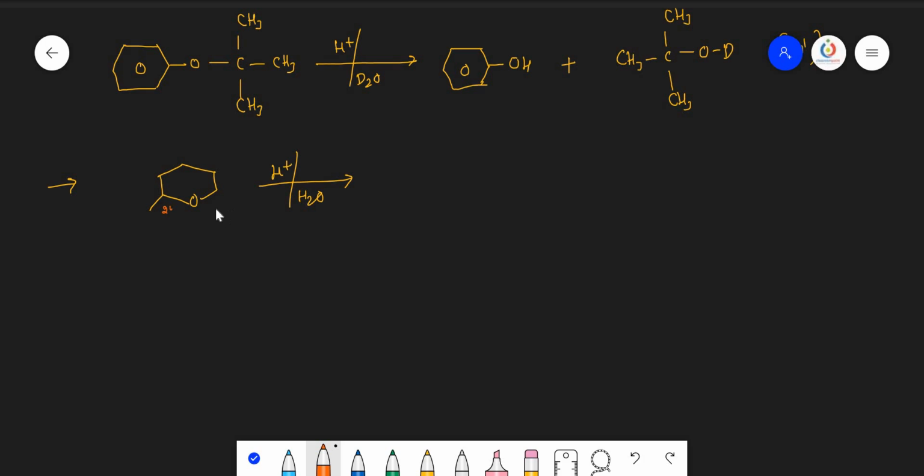This is the secondary carbon, and this is the primary carbon. Secondary is present, so it follows the SN1 mechanism. Though it is giving alcohol, it follows the SN1 mechanism. So what type of mechanism they are following is so important in these cases.